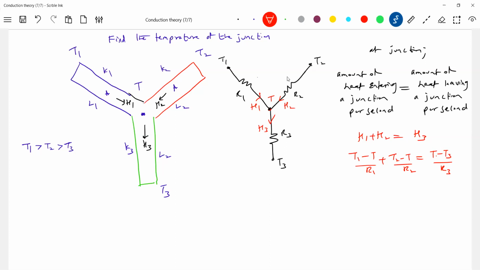We know lengths L1, L2, or I'll do one thing, I'll make it a little bit easier. 2L, L, L by 2. Okay, we'll have values like this. It'll be easy for us. Let's substitute all. So T1 minus T. What is R1? R1 is 2L by KA. T2 minus T, R2 equal to L by 2KA.